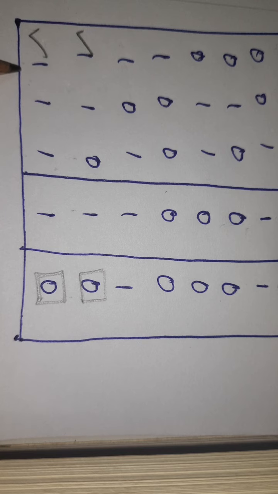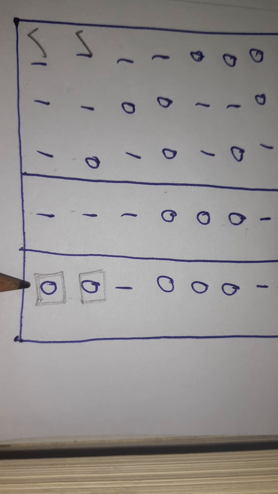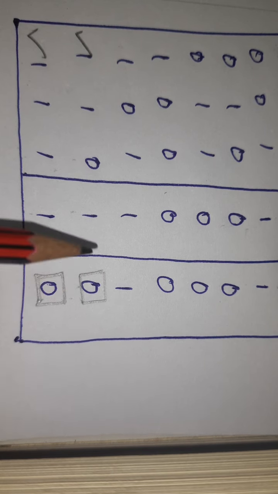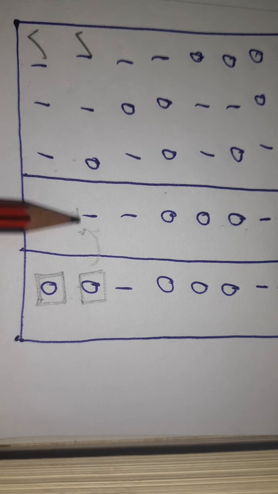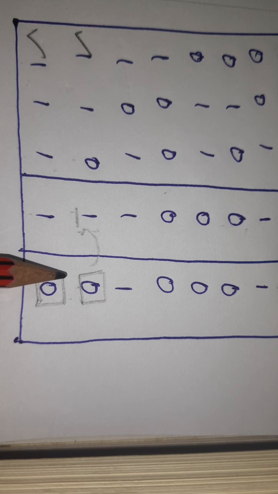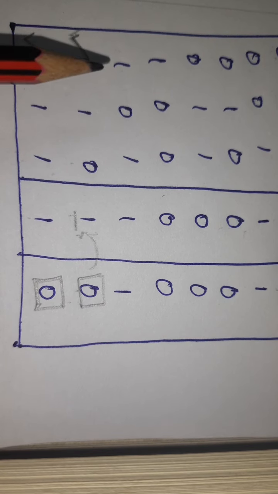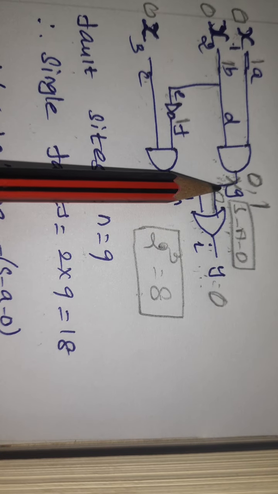For input combination 1 1 1, what is the fault free response value? 1. What is the faulty response value? 0. Now this value differs from the fault free response. So this is one of the test vectors to find the fault present in the G line.